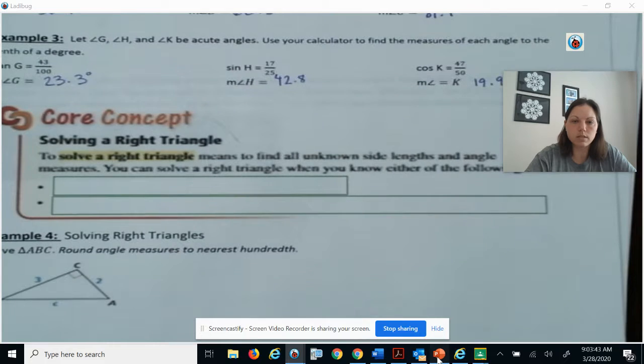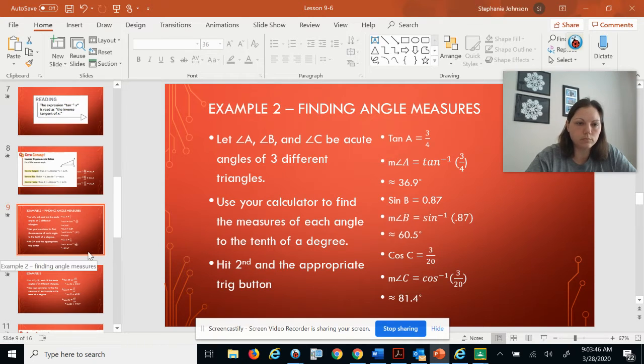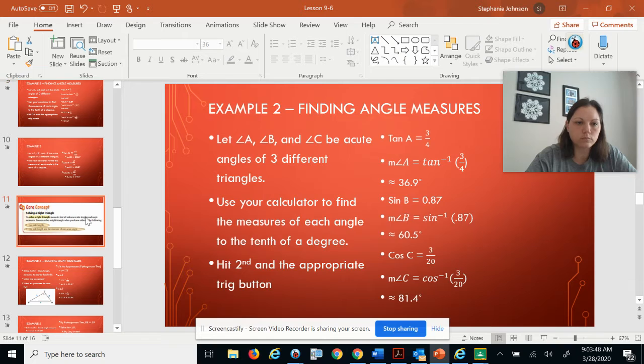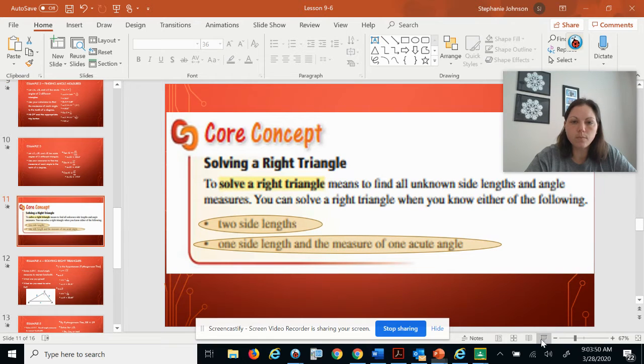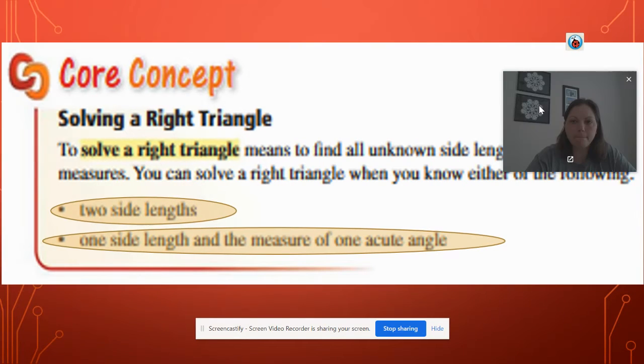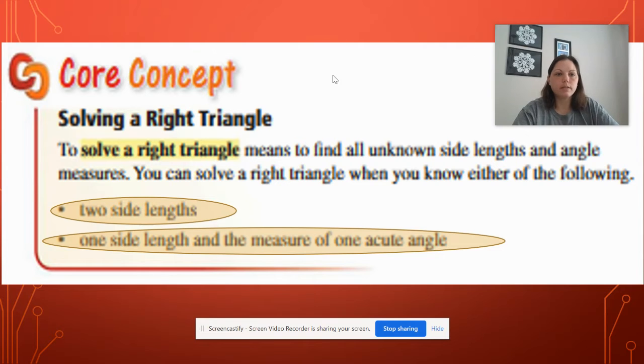I'm going to go back to the slideshow now. Okay, to solve a right triangle means you have to find all the unknown side lengths and angle measures. In order to use a trig ratio, you have to know one side length and one angle.